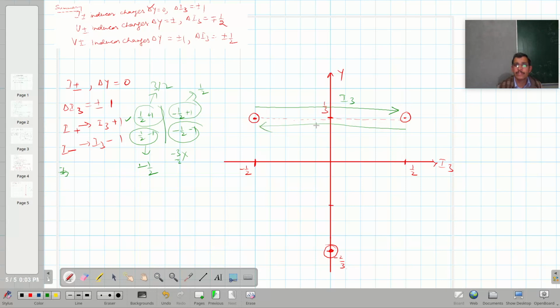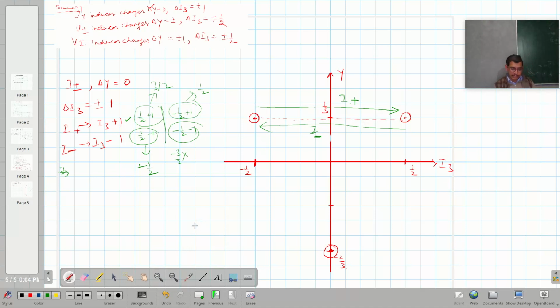So this is represented by I plus, and let me correct it, it will not be here. Similarly it will be like this. So it is I minus and it will be I plus.